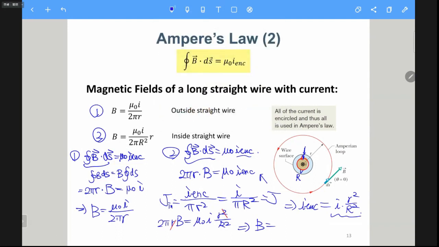So finally, we will have mu0 I, which is this term, and then we still have r here, over 2 pi capital R square.